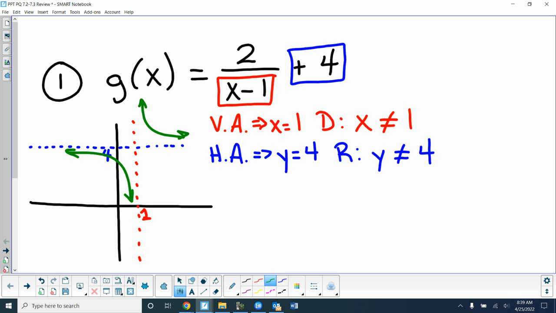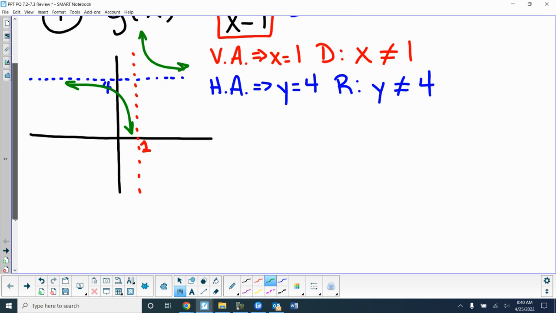Make sure you put it in the right spot, even though your calculator is doing the work. Doing it correctly, showing me you understand what's going on. Does that make sense? Just doing a quick flip of 2 curves shows me you don't really understand what we mean about the asymptotes. Okay? Any questions on number 1?